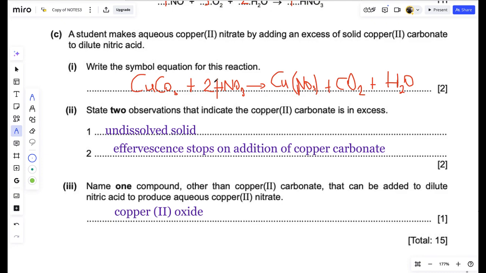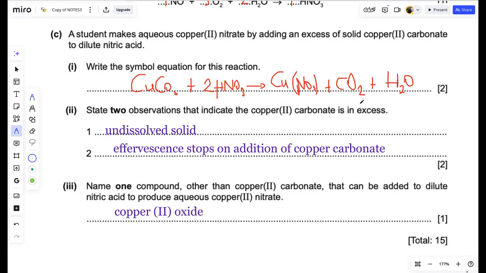The acid reacts with this, just like when we used zinc lump and sulfuric acid. If the reaction stops, it means the acid is completely used up and there's excess of this solid copper carbonate, which is a big solid. So when the reaction stops, there will be no more carbon dioxide gas produced.